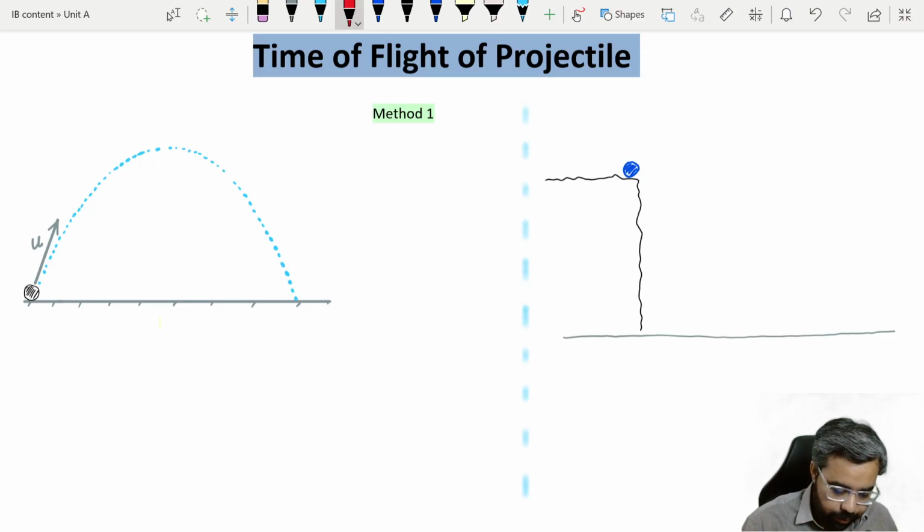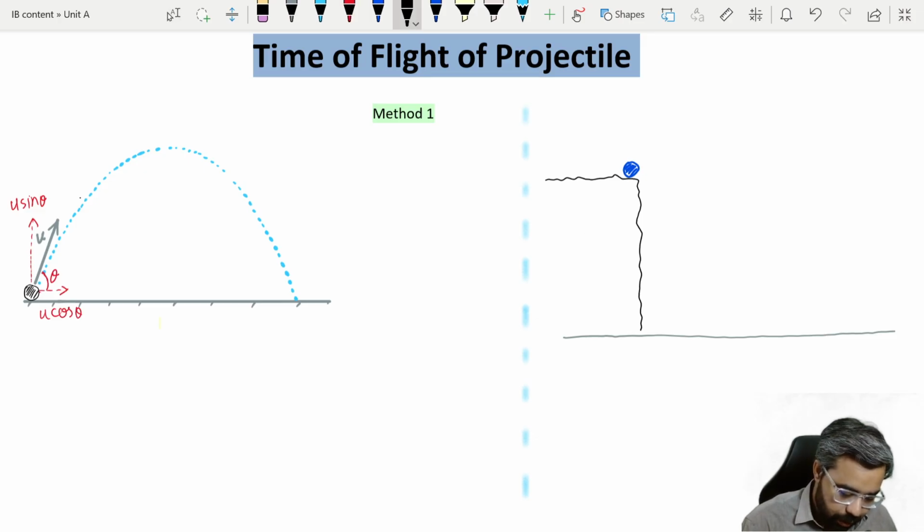As you see, we have thrown this ball at an angle theta, which was 70. But generally if it is theta, then this will be the vertical component, right? So this is u sine theta, which will decrease with the passage of time due to gravity, and this must be u cos theta.